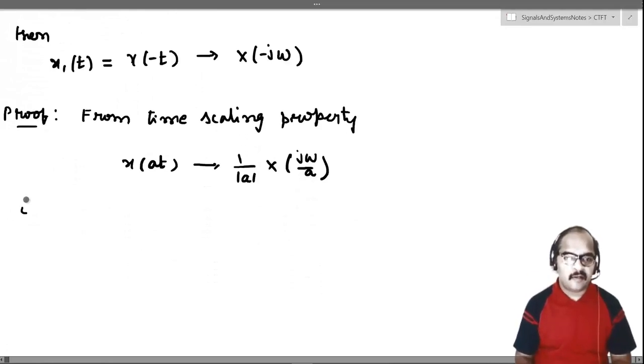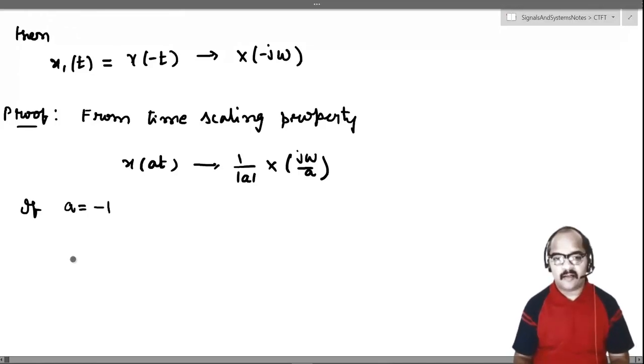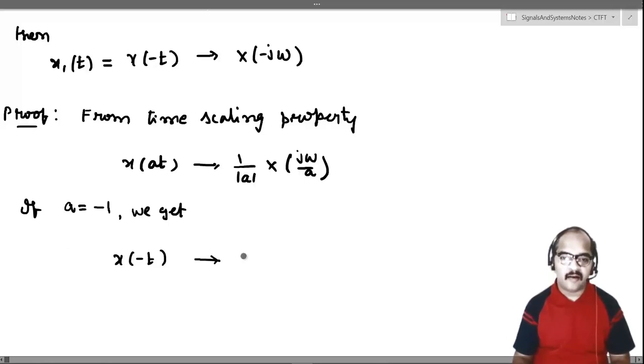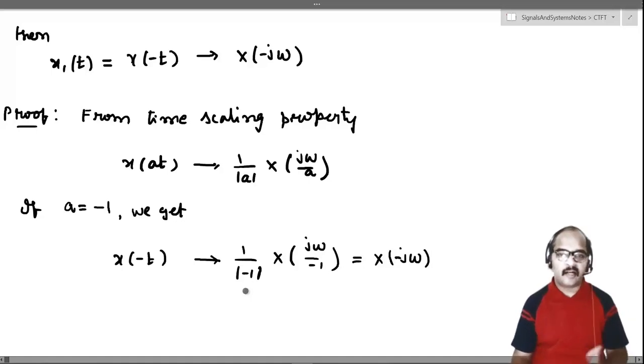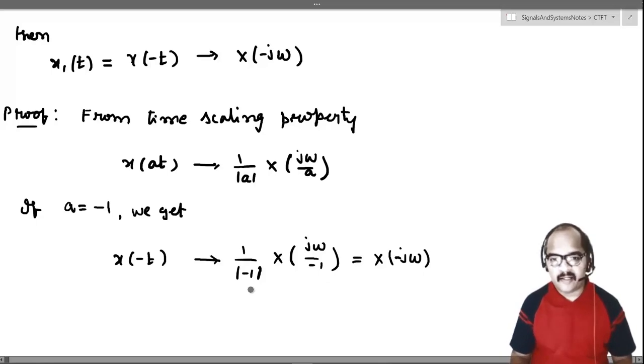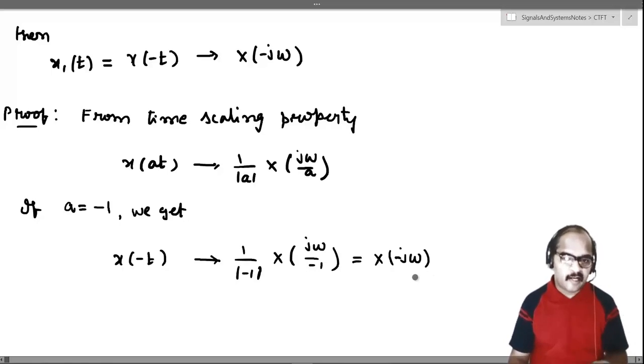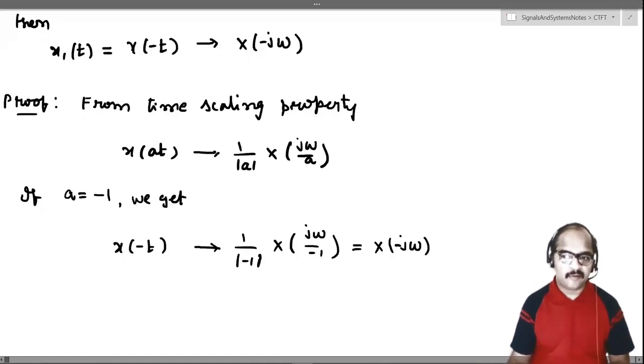If a equals minus 1, what do we get here? x of minus t will have 1 by modulus of minus 1, X of j omega by minus 1, which is the same as X of minus j omega. So that completes the proof. Modulus of minus 1 is 1, and j omega by minus 1 can be written as minus j omega. So if you rotate the signal in time domain, you have to rotate the function in frequency domain. That is simple.